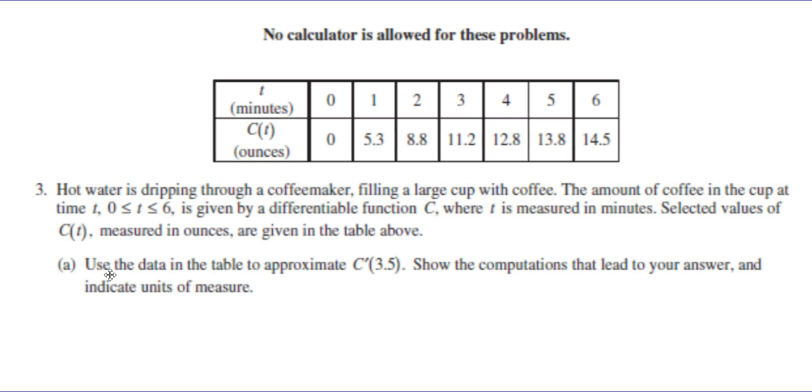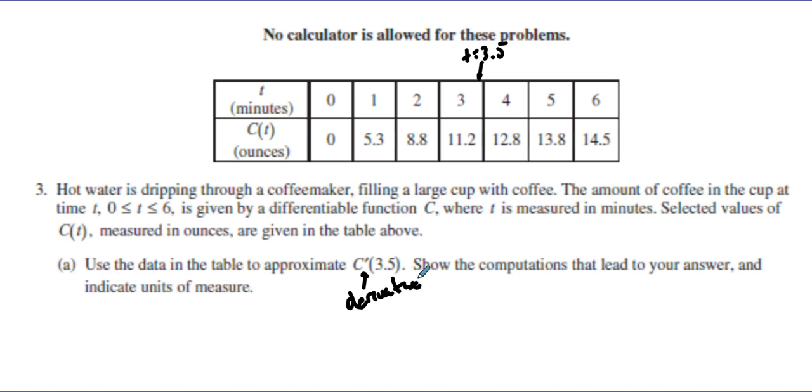Well, we can't use our calculator here, and it says use the data in the table to approximate c prime of 3.5. Now 3.5 is right in between 3 and 4, so t equaling 3.5 is located right between those two. Now c prime means we're finding a derivative.